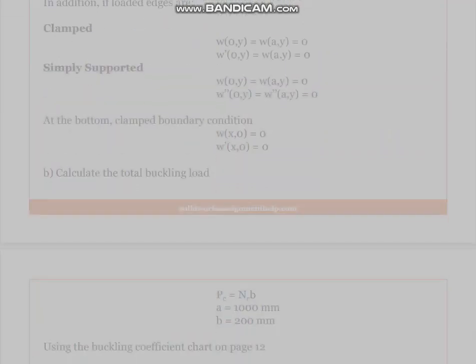In addition, if loaded edges are clamped: w at y equals 0 equals w at y equals a equals 0, and w,y at y equals 0 equals w,y at y equals a equals 0. Simply supported: w at y equals 0 equals w at y equals a equals 0, and w,yy at y equals 0 equals w,yy at y equals a equals 0.